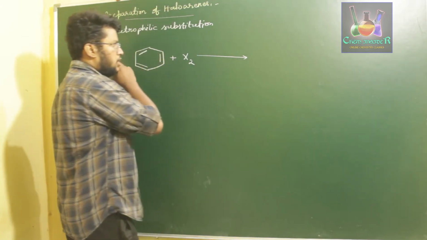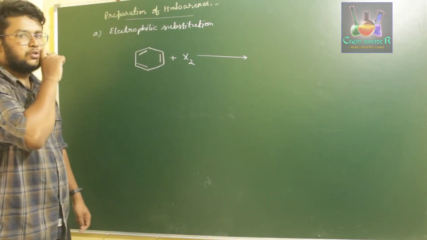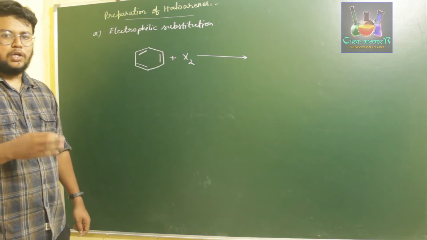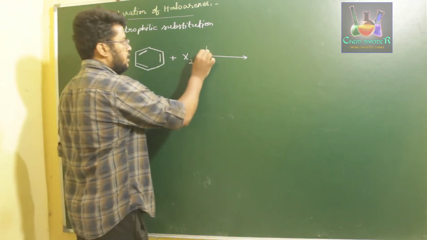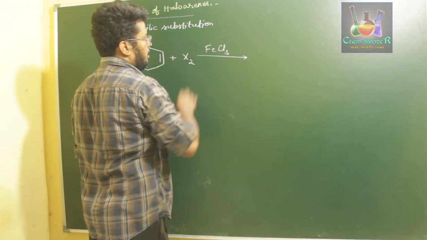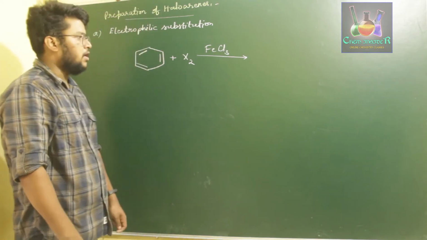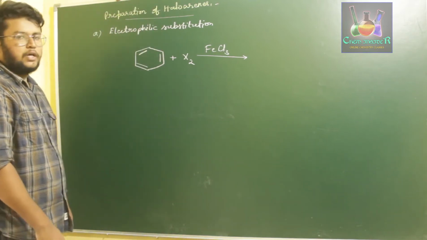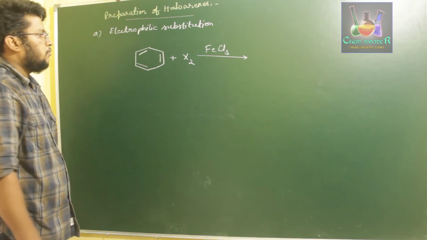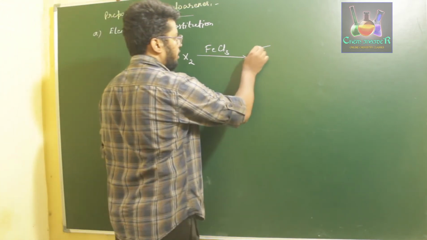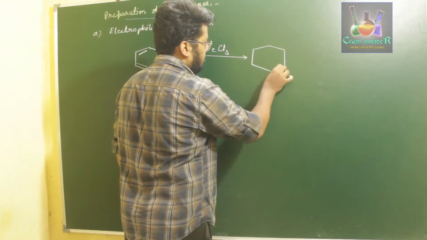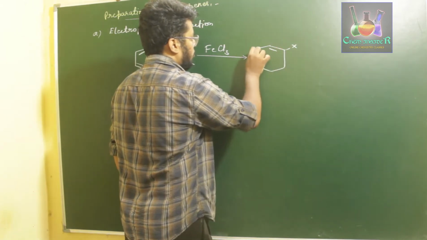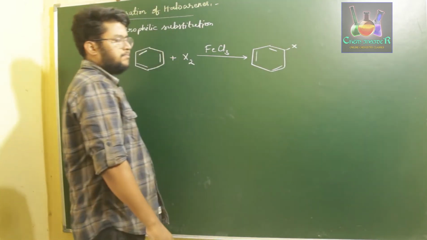Halogen carriers are those which have a higher positive charge and also carry halogen atoms, for example FeCl3, and we also call them Lewis acids. When you treat a benzene ring with halogen in this way, we get halogenated benzene, which is nothing but our haloarenes.